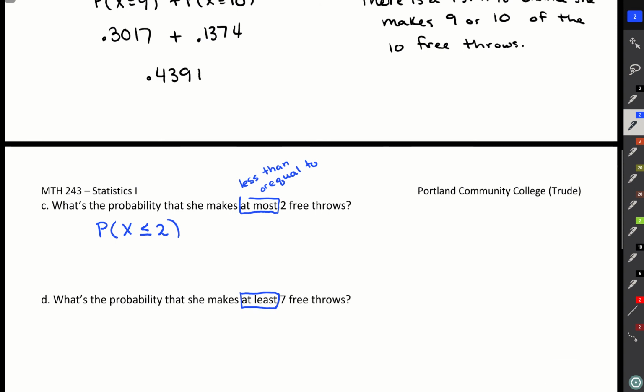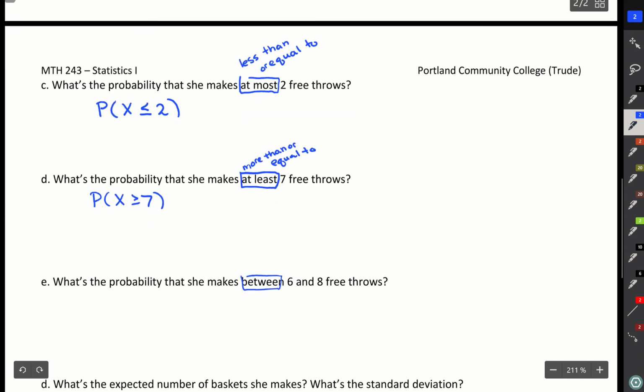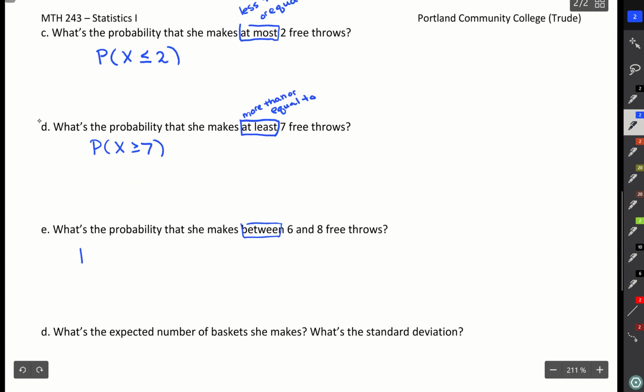Then the wording for at least links to the idea of more than or equal to. So if we want at least 7 free throws, we want to look at X more than or equal to 7. And then looking between two values, X is going to be stuck between them. So this would be the probability that 6 is our lowest value for X and 8 is our highest value for X.